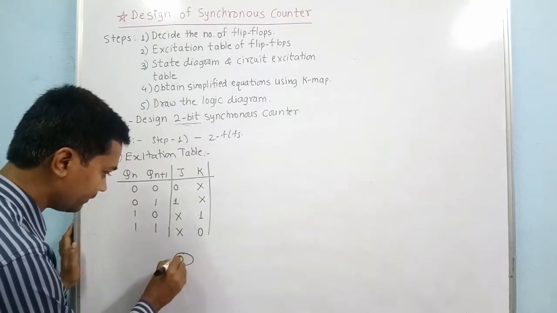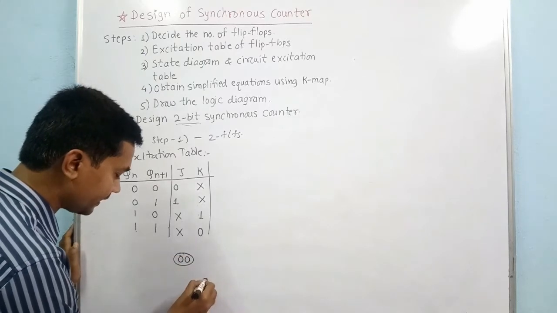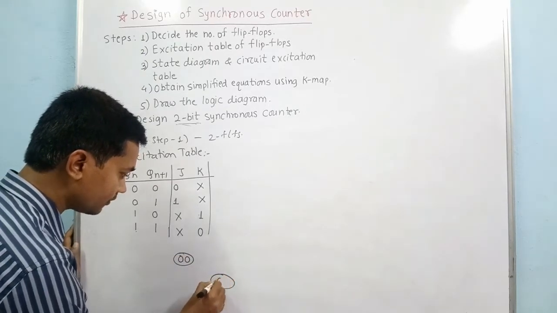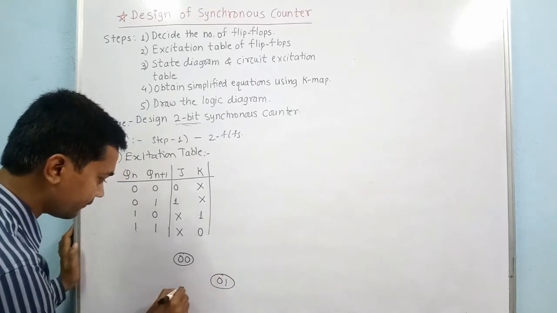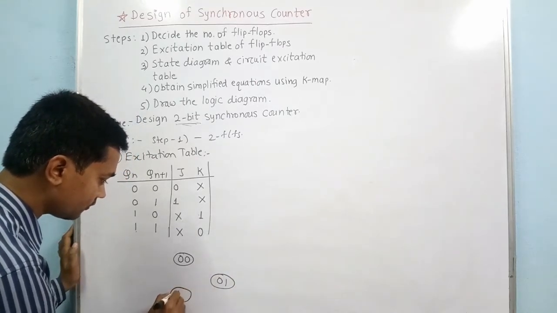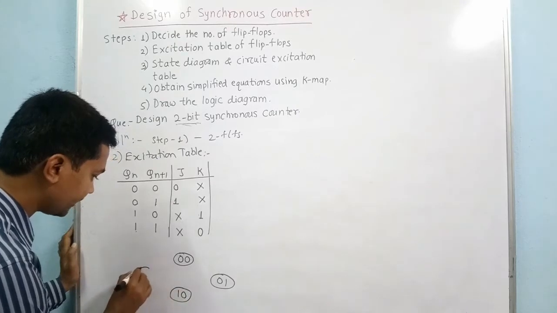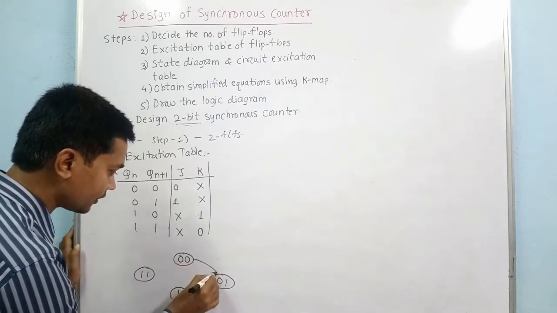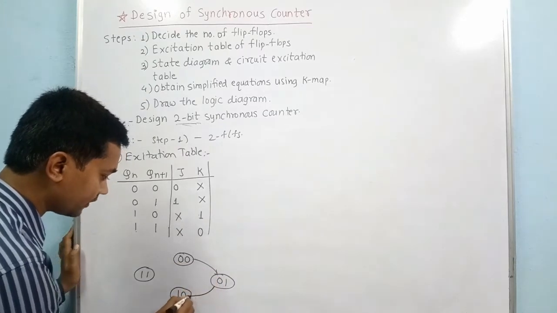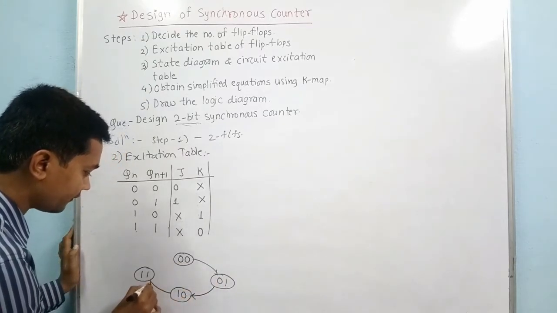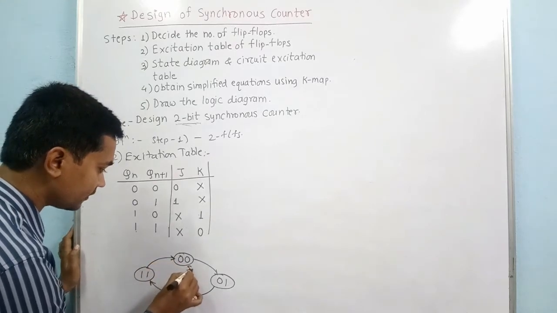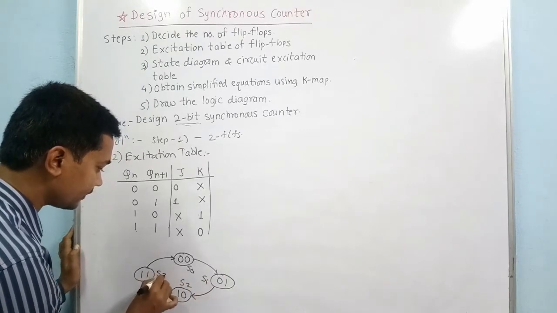The first state will be 0 0, second state will be 0 1, third state will be 1 0 and fourth state will be 1 1. Okay, so 0 0 to 0 1, 0 1 to 1 0, 1 0 to 1 1 and 1 1 to 0 0. So these are the possible states, S0, S1, S2 and S3.